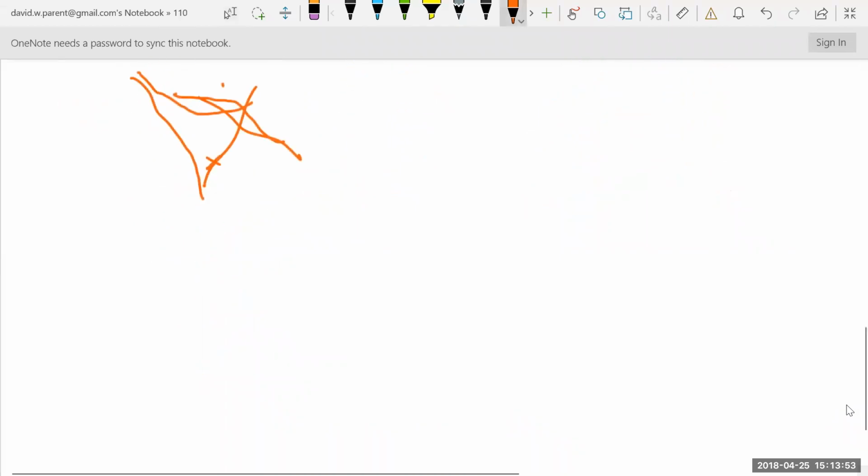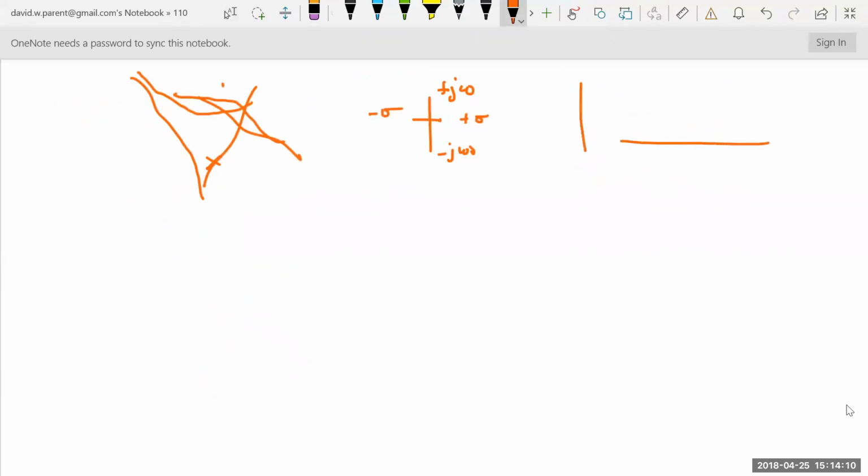So the thing is Laplace has plus j omega, minus j omega, plus the real part, minus the real part. And the Fourier transform has minus frequency and plus frequency. Now, you might ask yourself, where does the j go?